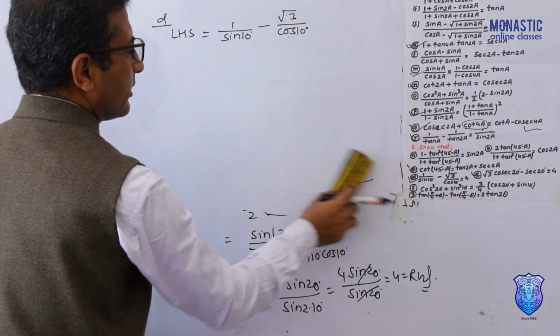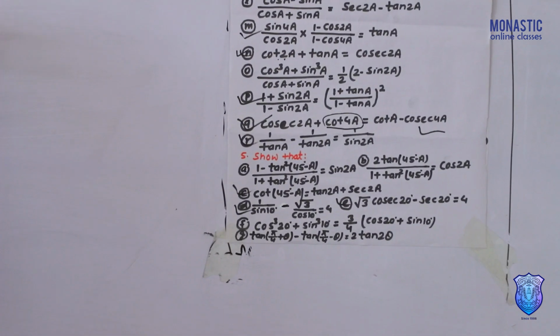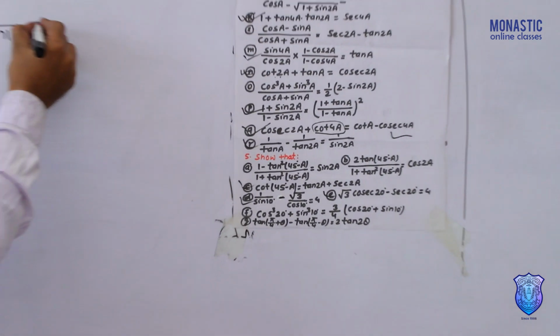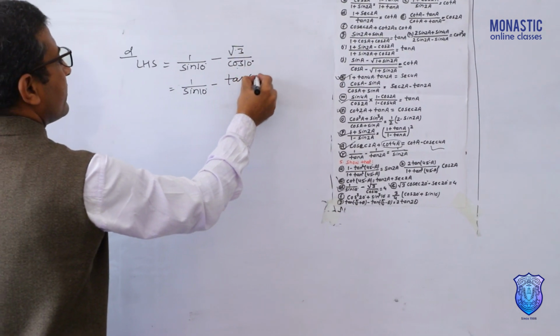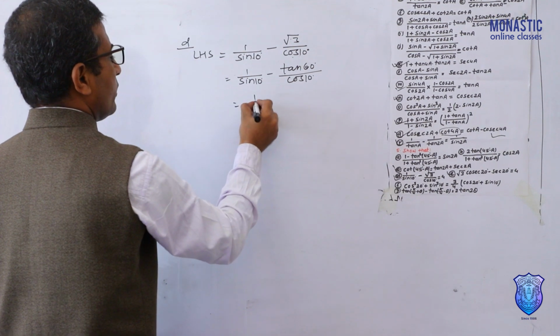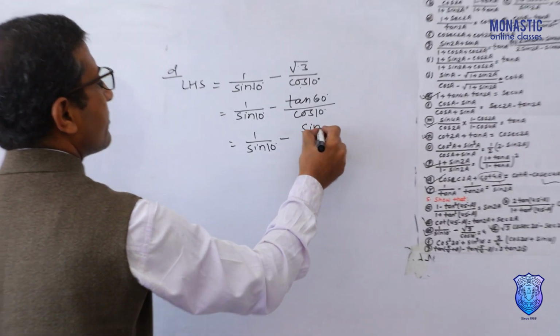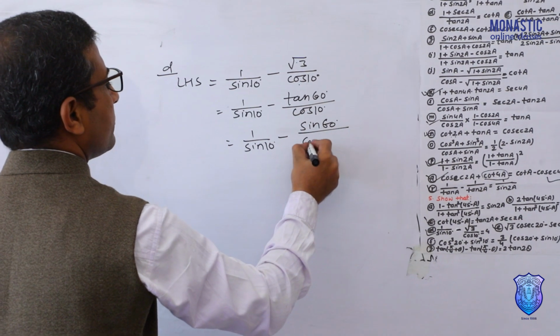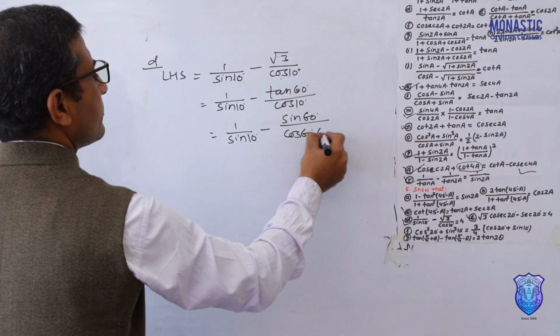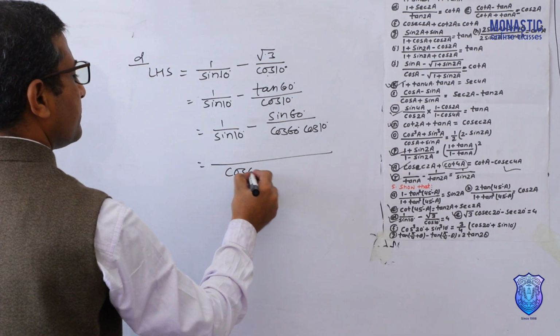For the second method, you know root 3 is the value of tan 60. So you can write tan 60 as sin 60 by cos 60. Now you have LCM.